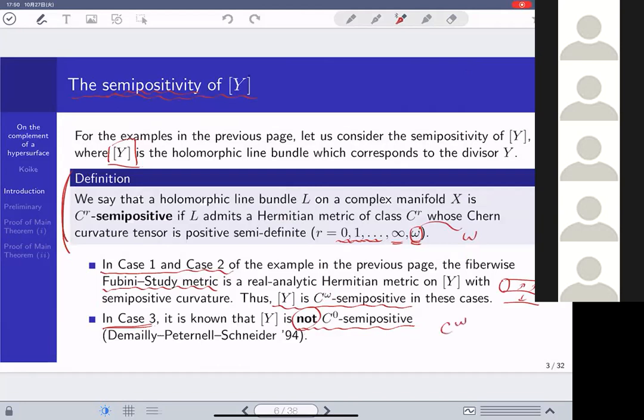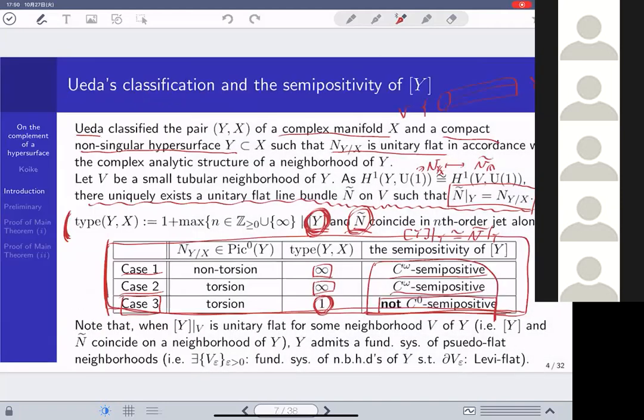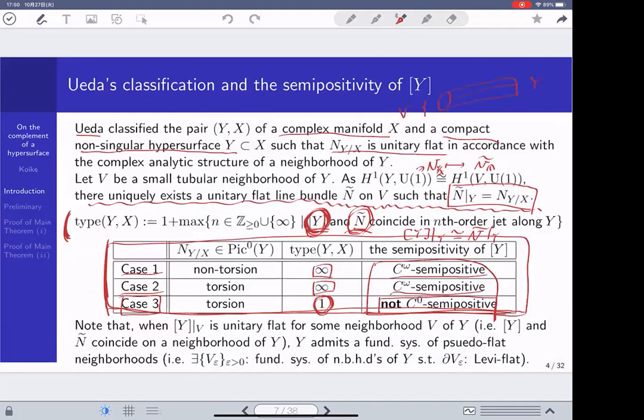C omega semipositive, so for the real analytic. So it means that in case 1 and case 2, there exists a real analytic Hermitian metric with semipositive curvature.